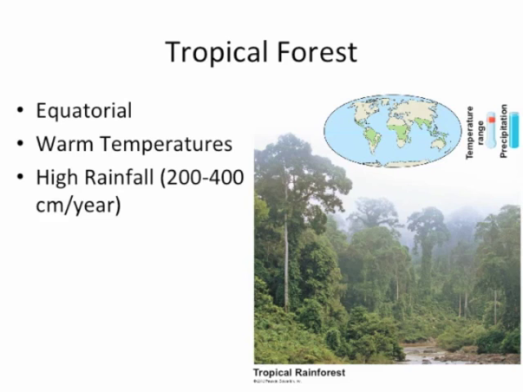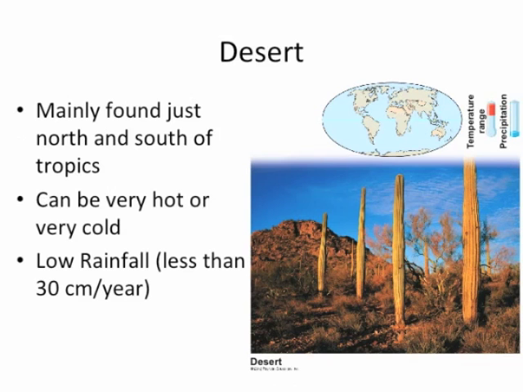Okay. If we go just north and just south of the tropical rainforest zone, we get deserts. So deserts are mainly found just north and just south of the tropics. This is the area where this weather cell has winds descending, so air is descending, and so it is actually pulling out moisture. It's very dry air. Deserts can be extreme in temperatures.